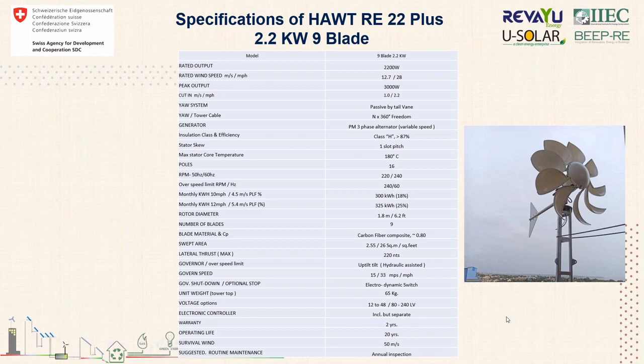The gap between the two has to be equal to the diameter of the turbine. The rotor diameter of this, as mentioned here, is 1.8 meters, so after a gap of 1.8 meter we can install another turbine. So that close we can install. The capacity in a limited space can be increased with the help of these.